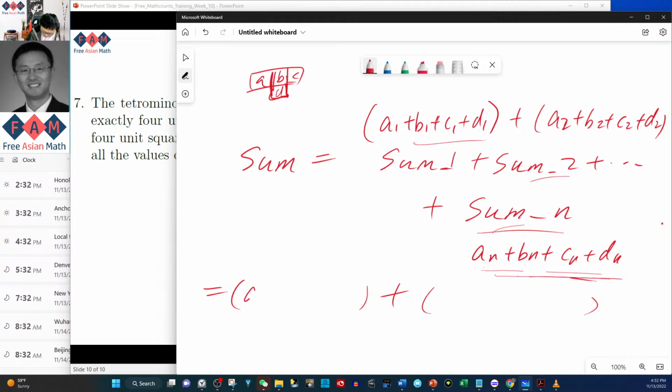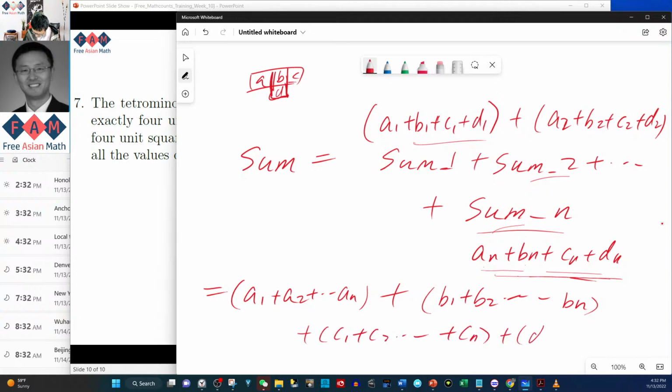The first grouping is all the A1 plus A2 plus A_n, and B1 plus B2 plus B_n, plus C1 plus C2 plus C_n plus D1 plus D2 plus D_n. Does that make sense? That is one way of looking at this. This will give you the same result.